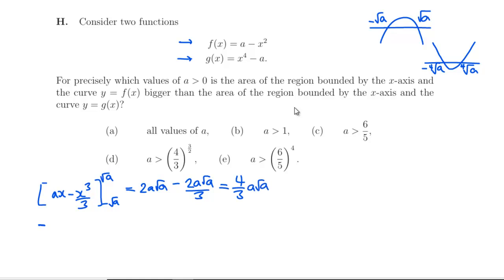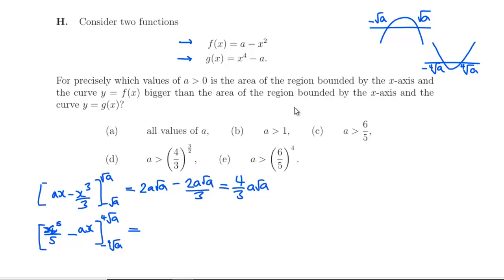And then the other one, we're getting x to the 5 over 5, minus ax, from the 4th root and the minus 4th root. And we're going to get the same luxury of these doubling up as well.